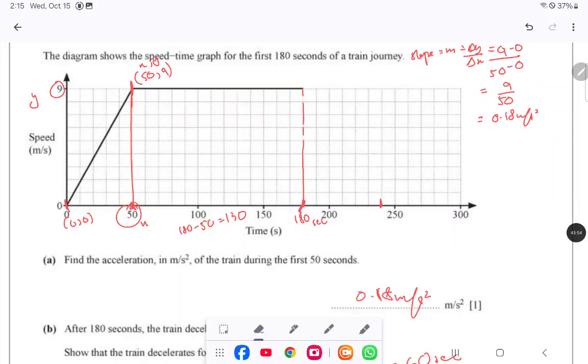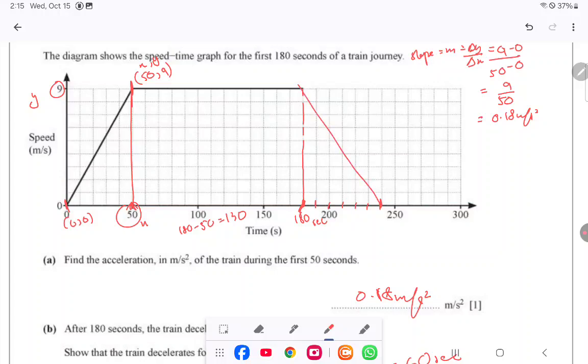And for the next 60 seconds, it is 10, 20, 30, 40, 50, 60.